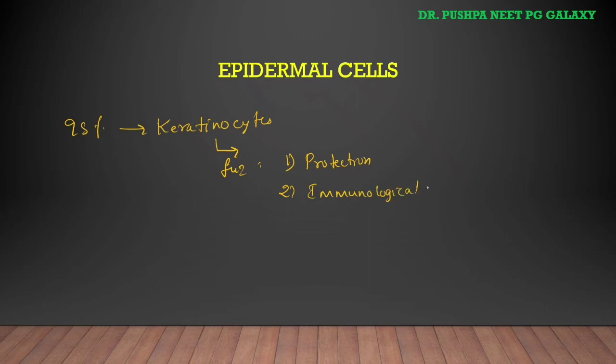It secretes the cytokines in response to microbial attack. 95% are the keratinocytes, whereas rest 5% contains 3 types of cells. One is melanocytes, second one is Langerhans cells, third one is Merkel cell.